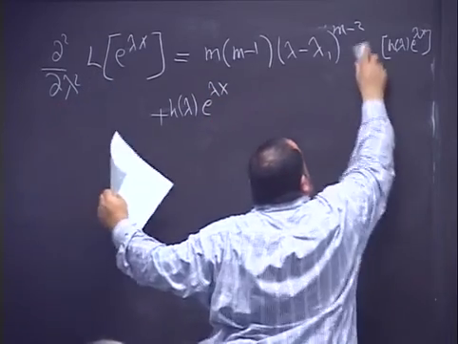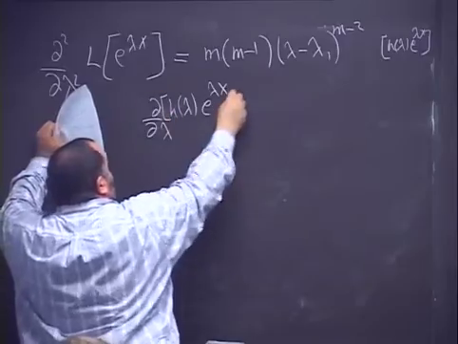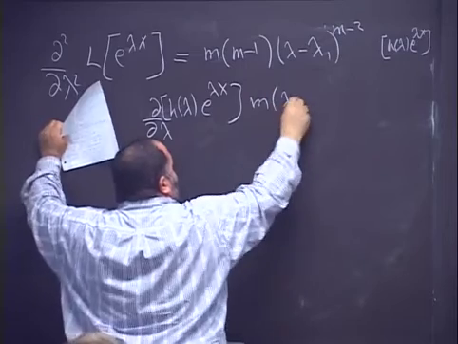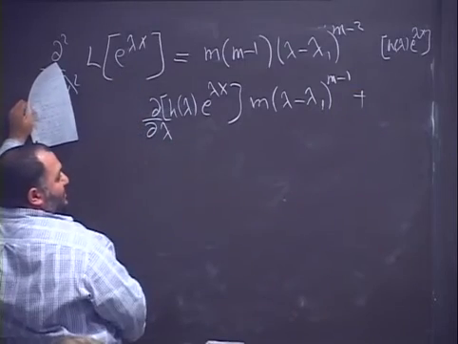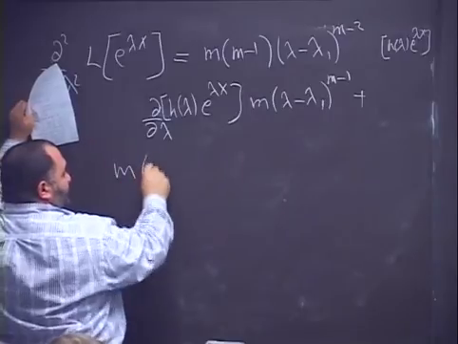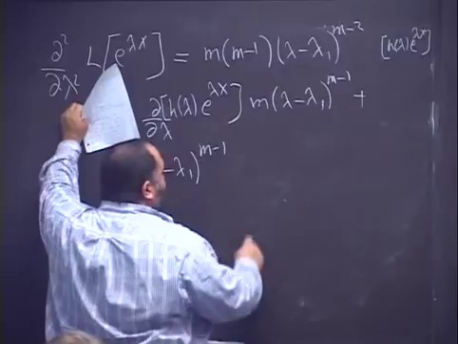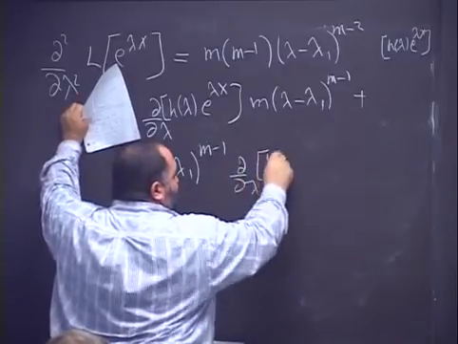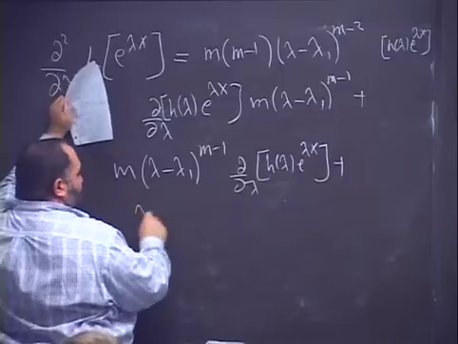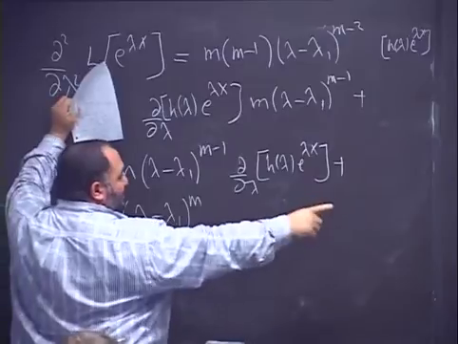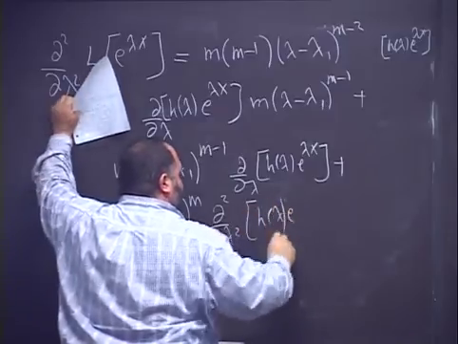Sorry, this term is not here. It is d by d lambda of this, multiplied by m lambda minus lambda 1 to the power of m minus 1, plus, what's the differentiation of the second term? m lambda minus lambda 1 to the power of m minus 1 multiplied by d by d lambda of h of lambda e to the power of lambda x, plus lambda minus lambda 1 multiplied by the differentiation of the second, which gives d2 by d lambda square of h of lambda e to the power of lambda x.